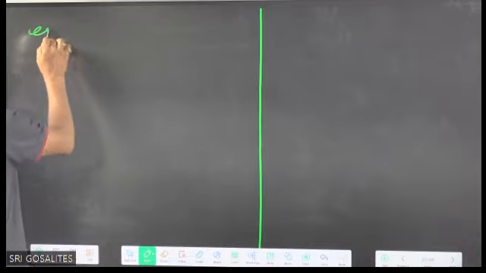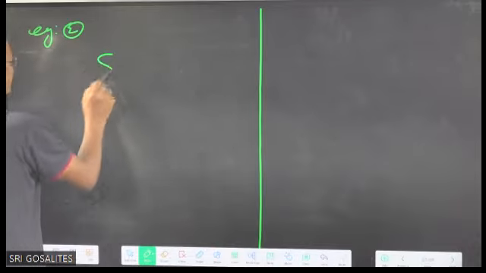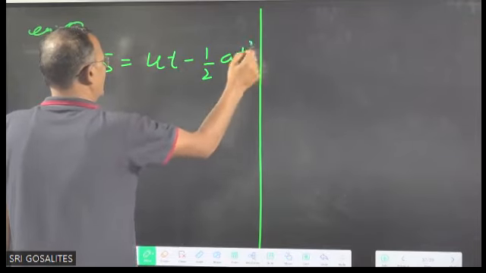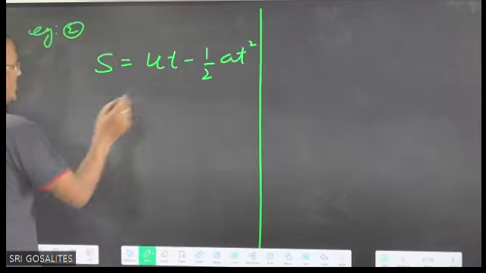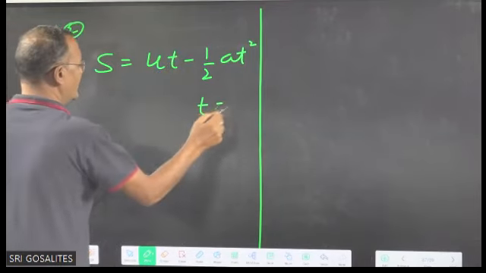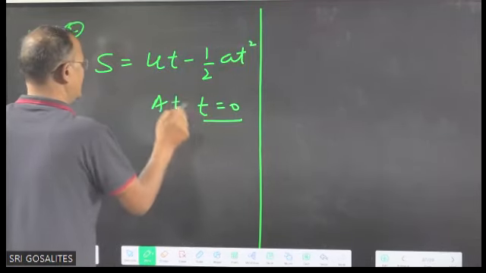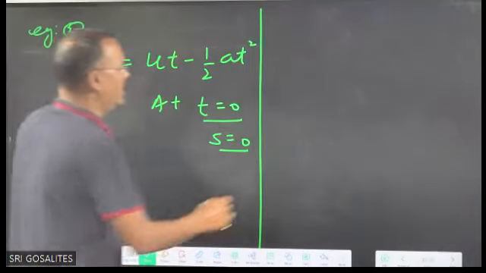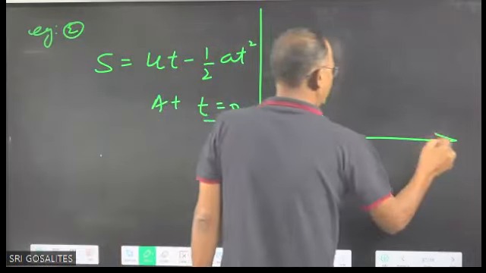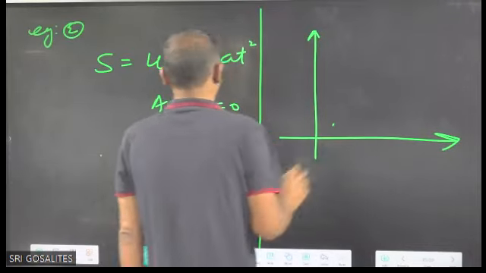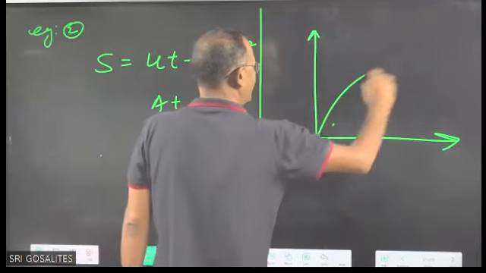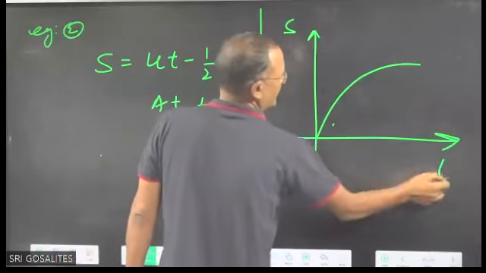See, one child is asking me, sir, what about the retardation? S is ut minus half a t square. So you can understand this at t equals 0. What is S? 0. Right? So the retardation graph is like this. This will be symmetric to the S axis. So S will be decreasing this way.